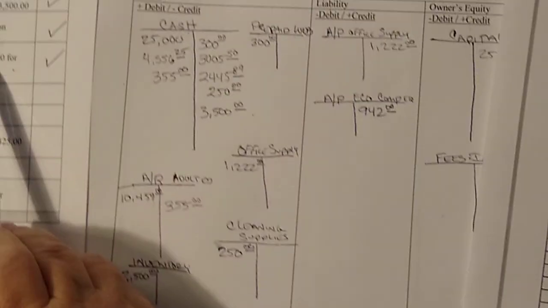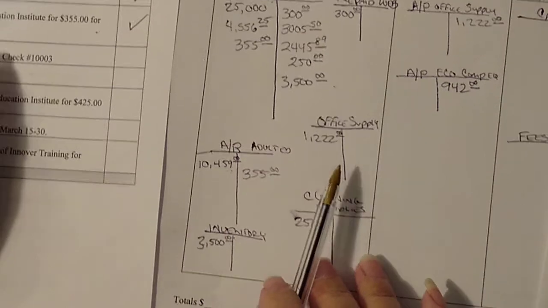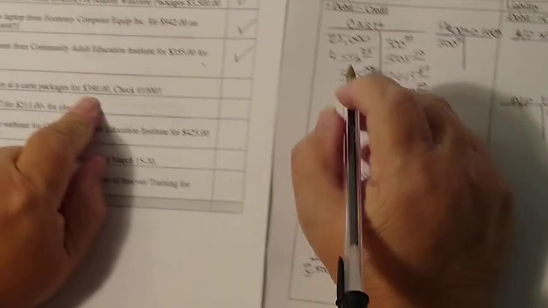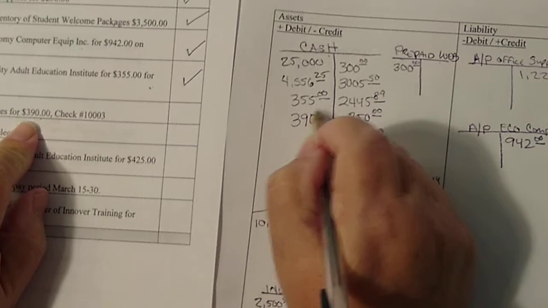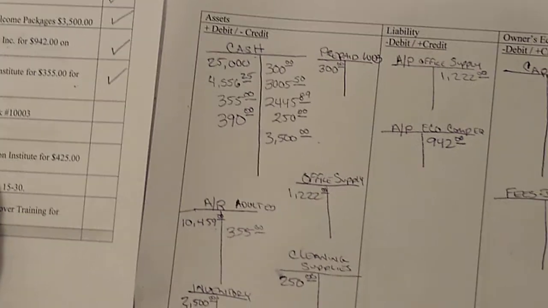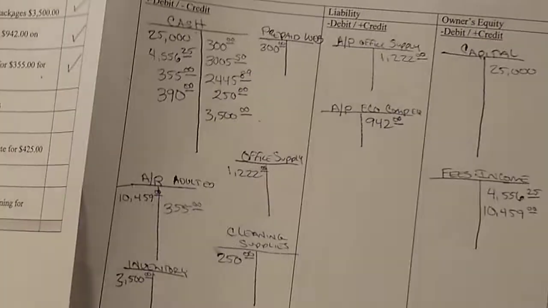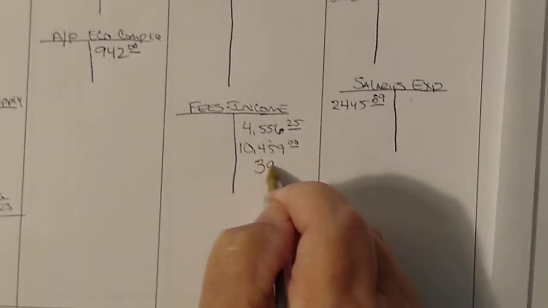Oh, I said 355, sorry. 390. Don't get those two mixed up. So we get money, so we're going to debit our cash, 390. And then what account gets debited or credited? Remember, fees income. Somebody bought something from us, $390.